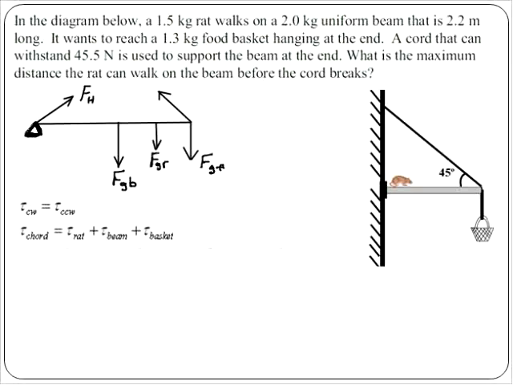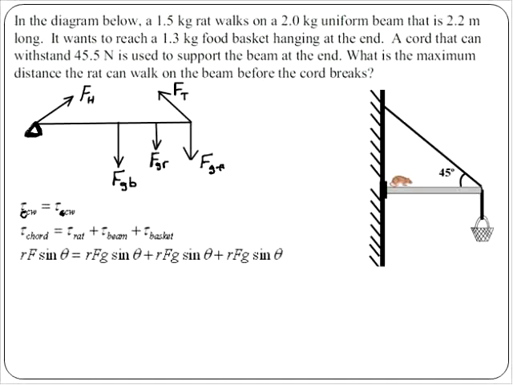So this would be the counterclockwise, this would be the clockwise right here. Okay, the force of tension, in other words, the force in the cord, would be the counterclockwise. The other three would be the clockwise ones. Then you plug your numbers in.